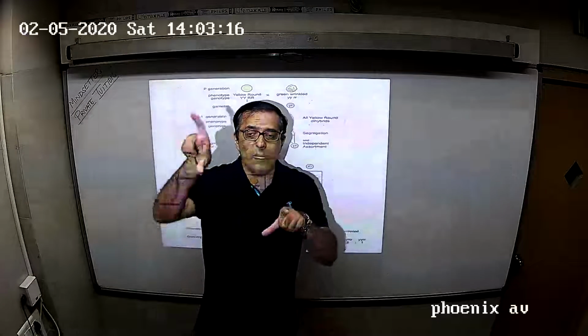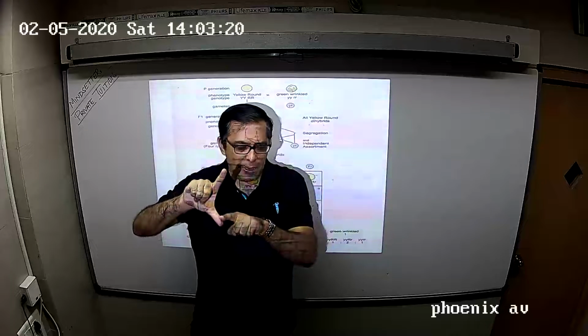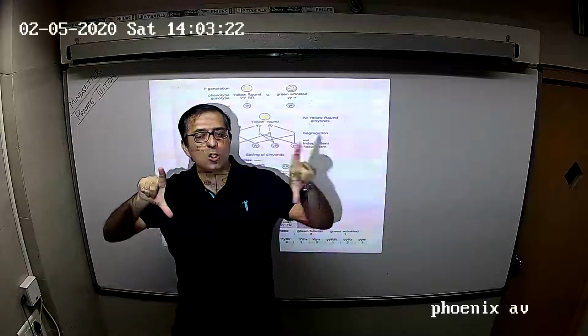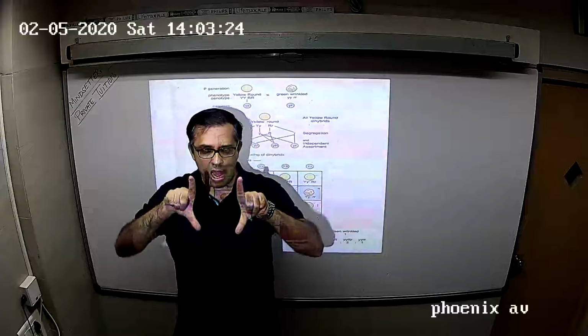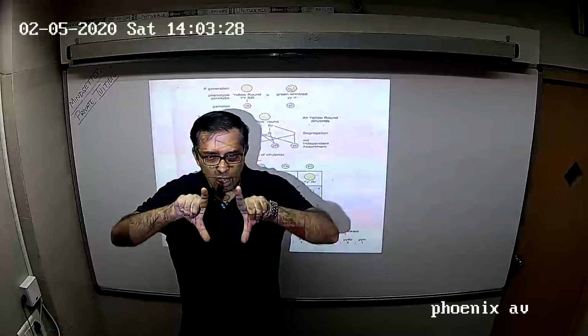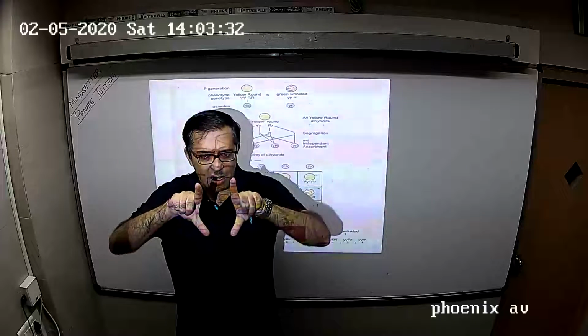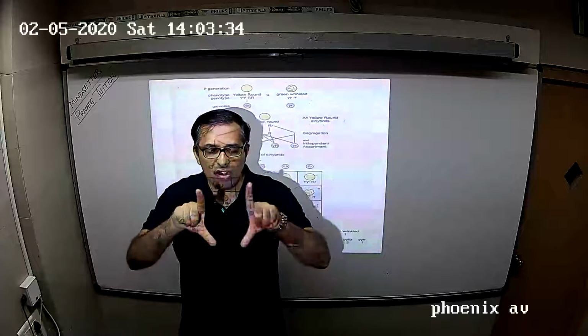So original combination, which one came? Capital Y and capital R, and small y and small r. But when they came together, F1 generation became capital Y, small y, capital R, small r. What happened in the F2 generation?